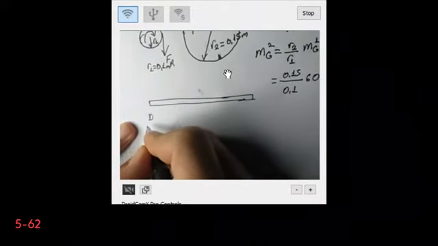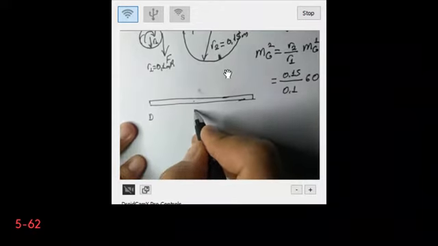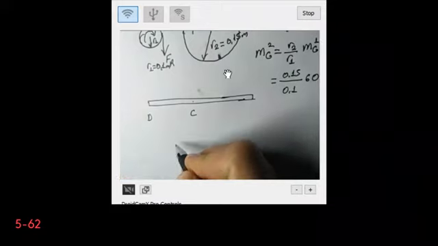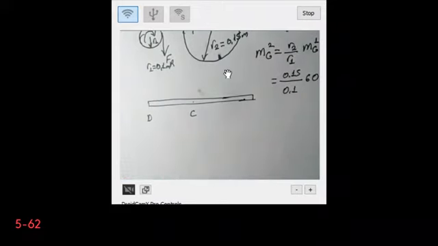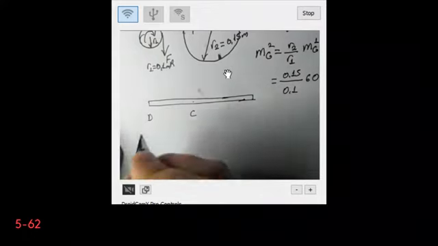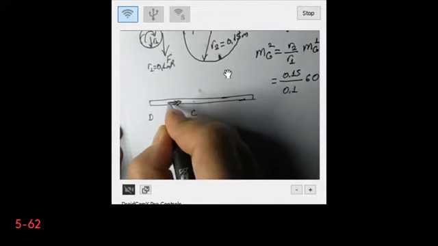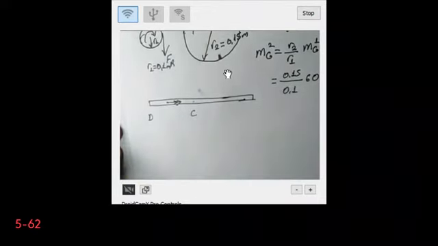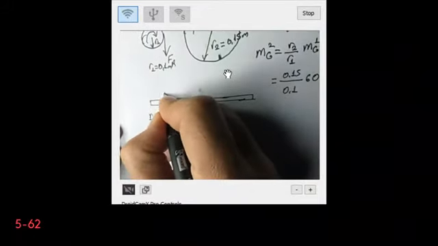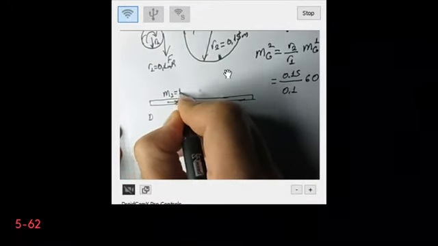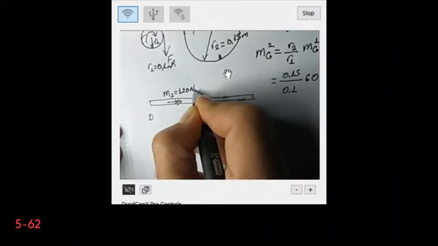This is my point D. I have my point C here. Now, certainly I have my externally applied torque between D and C. It has a magnitude of 120 Newton meters. So M2 is equal to 120 Newton meters.